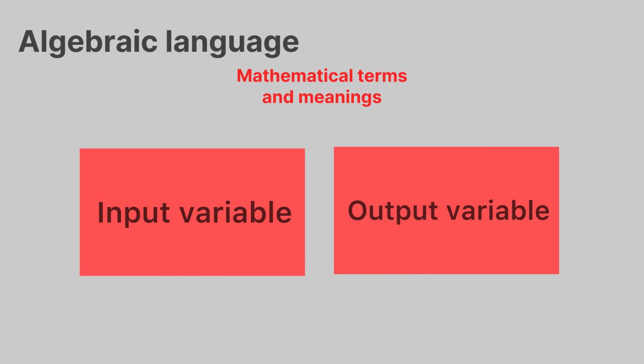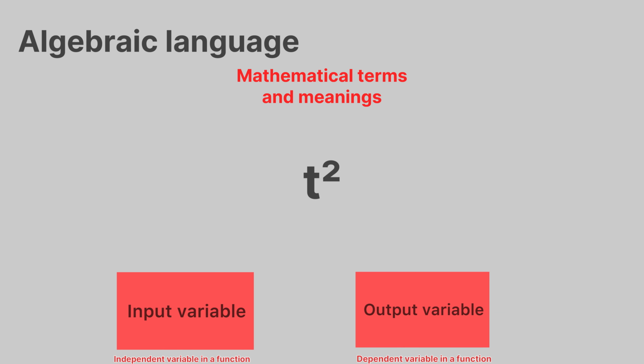An input variable. What is an input variable? An input variable is an independent variable. It's a variable that doesn't depend on another variable to have its value. An output variable is a variable that depends on an input variable to have its value. An example for all of this is, let's say we have r equals t squared plus 2t minus 1. So what is the input variable and what is the output variable? How many variables do we have here?